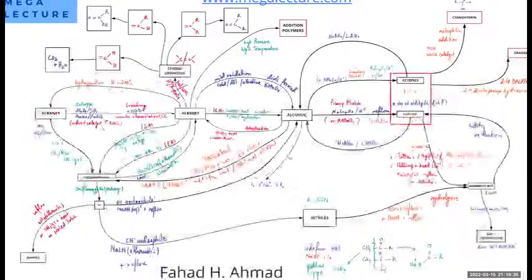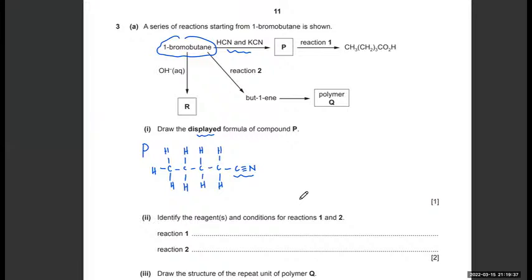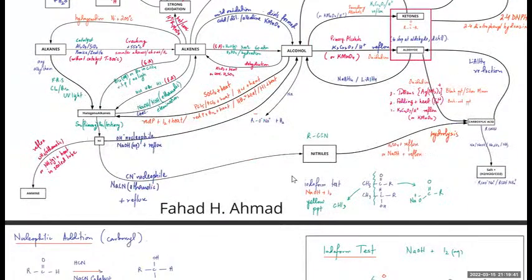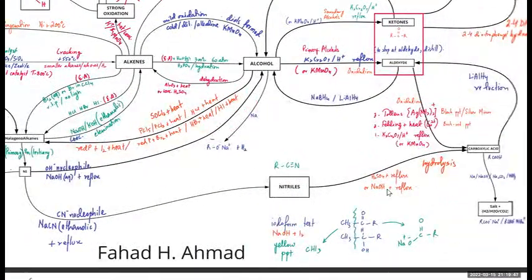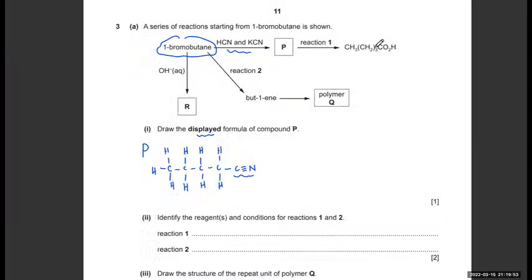Anyway, you've got C triple bond N, so how does it convert into a carboxylic acid? What happens is that if you have a nitrile, it undergoes hydrolysis, acid or alkaline hydrolysis, and it turns into a carboxylic acid. So here it's turning into a carboxylic acid, and here it will be acidic hydrolysis.